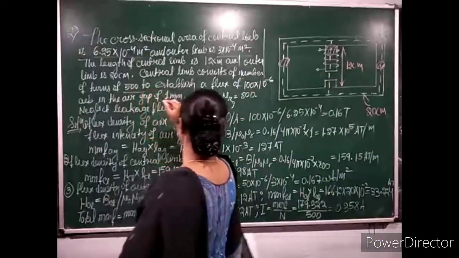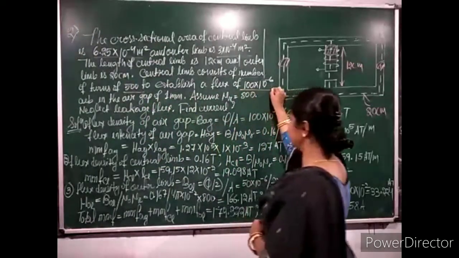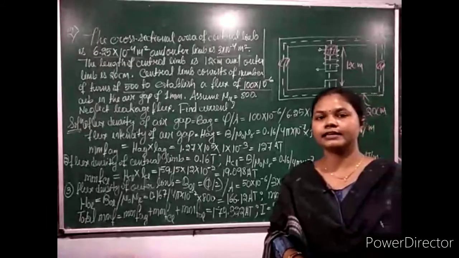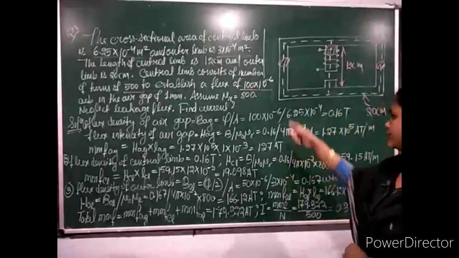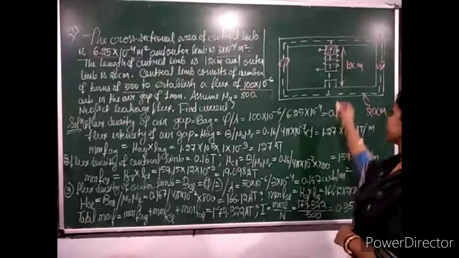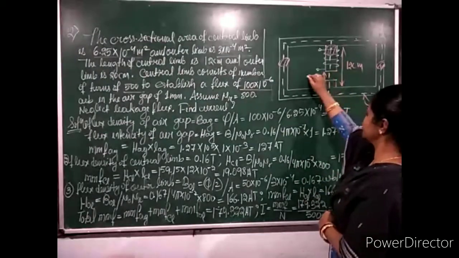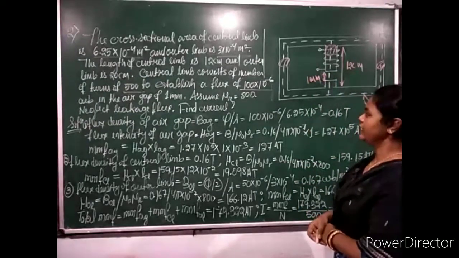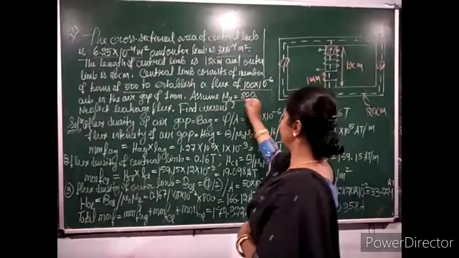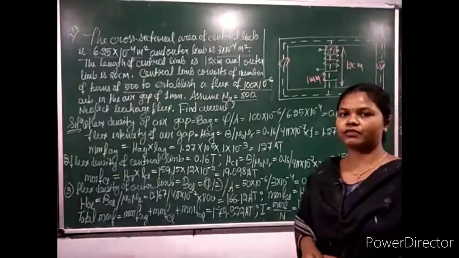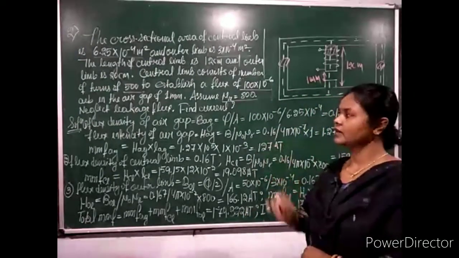To establish a flux, the total flux established in the central limb, that is 100 into 10 to the power minus 6 Weber in air gap. Of this air gap, its length is 1 millimeter and relative permeability is given 800. And here question is to find current.